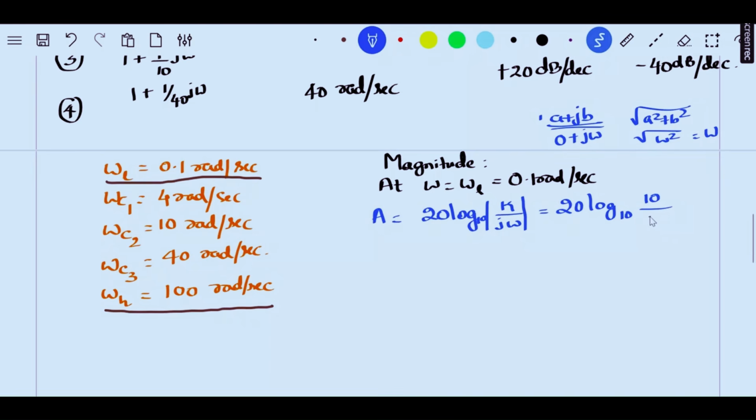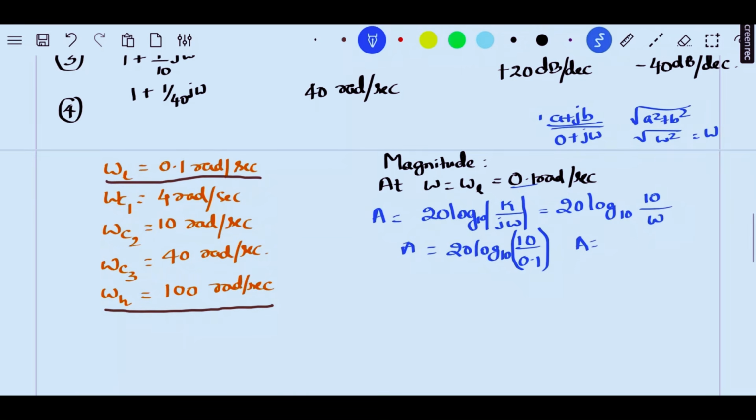Therefore A equals 20 log of 10 divided by omega, which is 0.1, to the base 10. The calculated magnitude value for this particular condition is 40 dB at omega equals omega L.